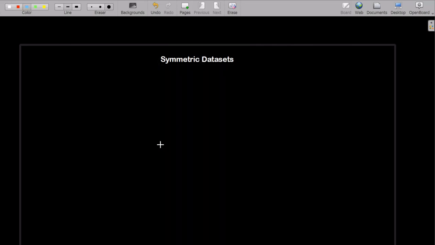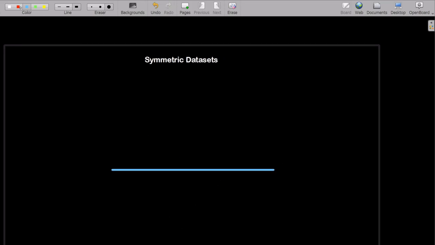Okay, see, if you have this sort of dot plot, let's say you have the values as 1, 2, 3, 4, 5, 6 and 7, and the points are distributed like this.